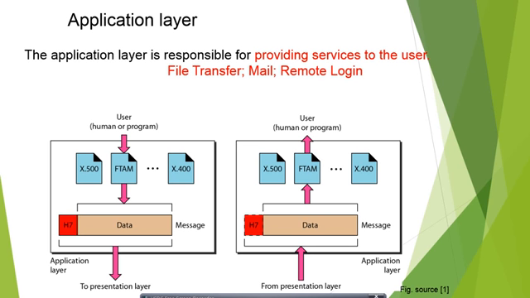or the original message. So now we can see the next layer, that is the last layer of the OSI model, the application layer. The application layer is responsible for providing services to the user.